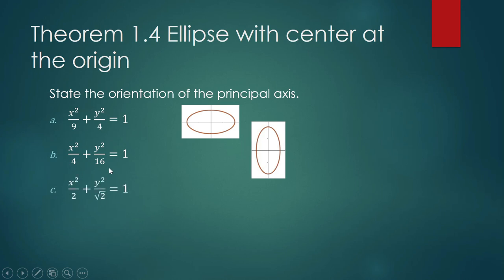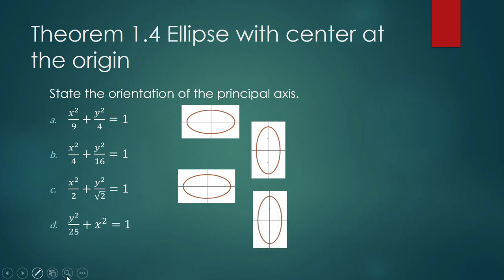Let us look at this. Which is the larger denominator? The larger denominator is 2, and the other is less than 2. So this is a squared, and it appears below x squared. That means our principal axis is horizontal. And finally, what is the denominator of x squared?